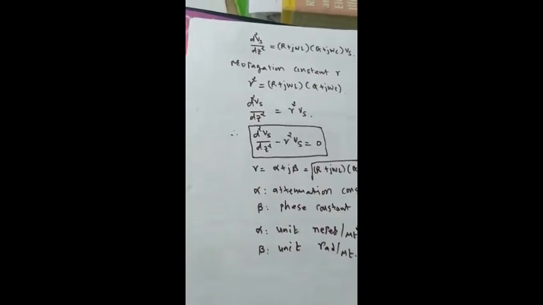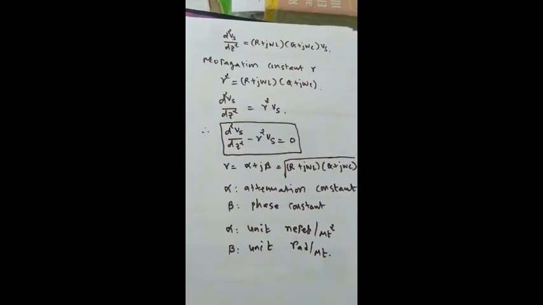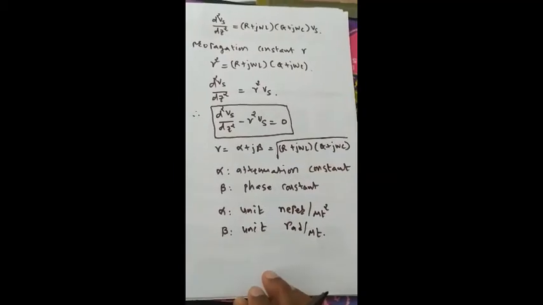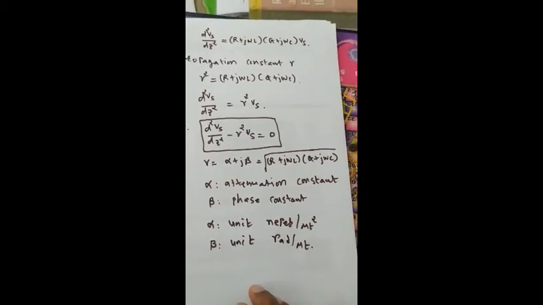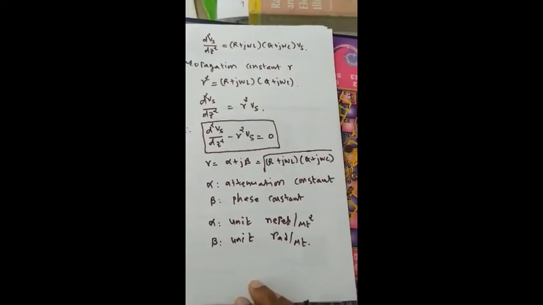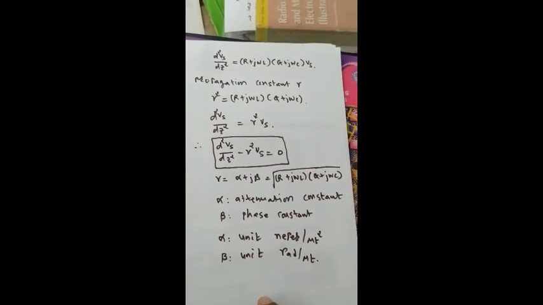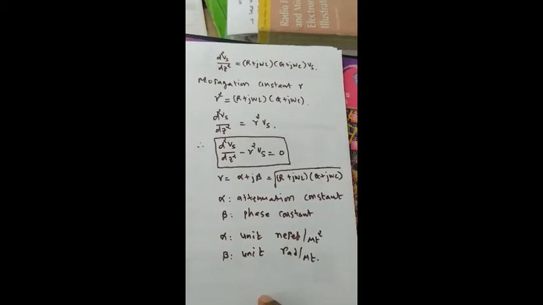So we can consider that any line can be characterized by the propagation constant. Each and every line has its own unique propagation constant.